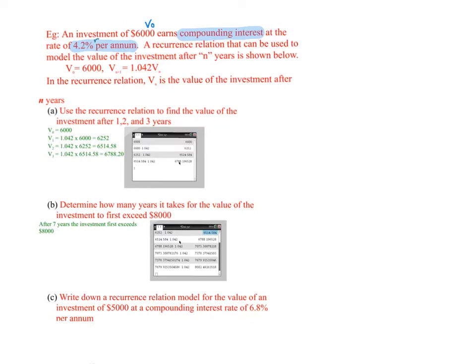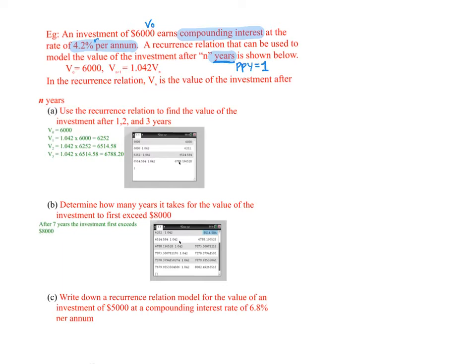Okay, a recurrence relation that can be used to model the value of the investment after n years. So this is important too, this n years, because that's telling me that PPY is what? If it's yearly? 1. Good. So in the recurrence relation, the value of the investment after n years. So use this recurrence relation to find the value of the investment after 1, 2, and 3 years.